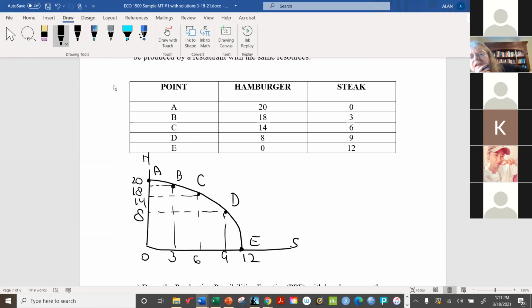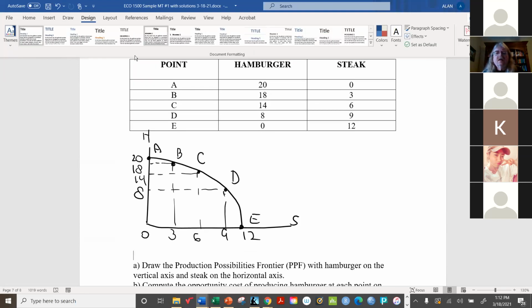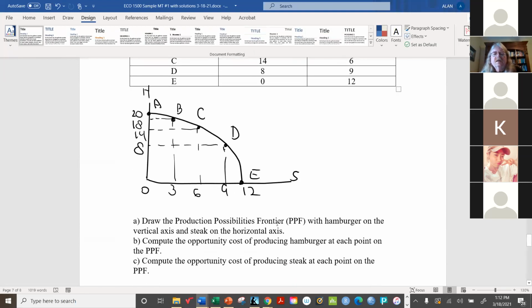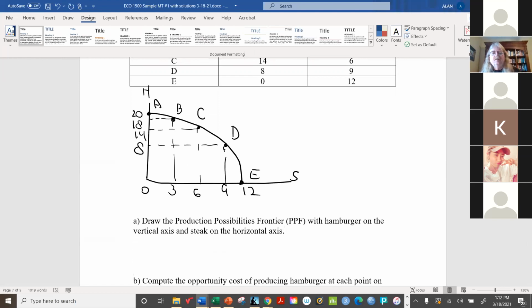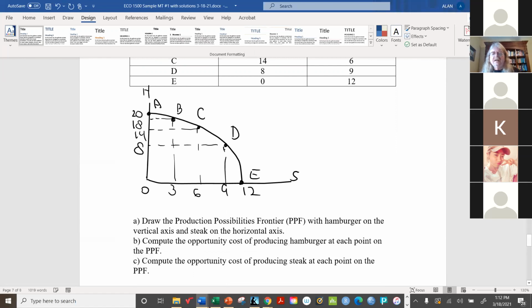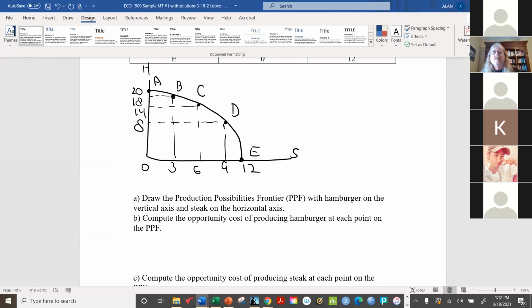So we're going to find ourselves needing to calculate opportunity costs moving in both directions. In the first case, we're going to do our opportunity costs for hamburger. So in general, for part B, any opportunity cost you might encounter is calculated in the following way. The opportunity cost of hamburger equals sacrificed steak over gained hamburger.